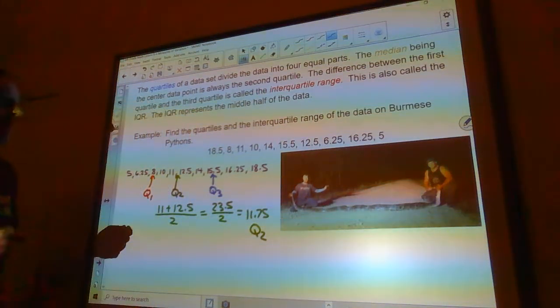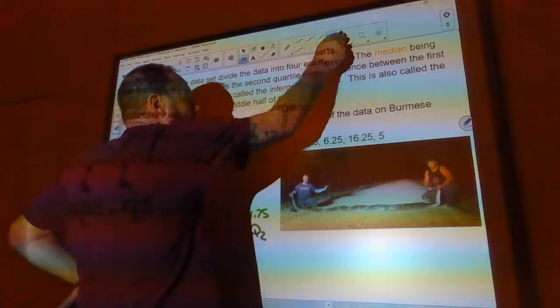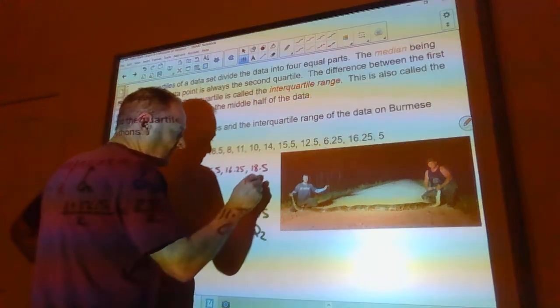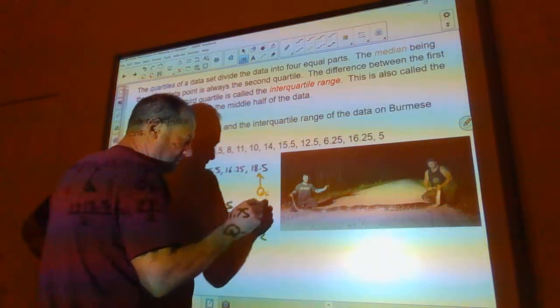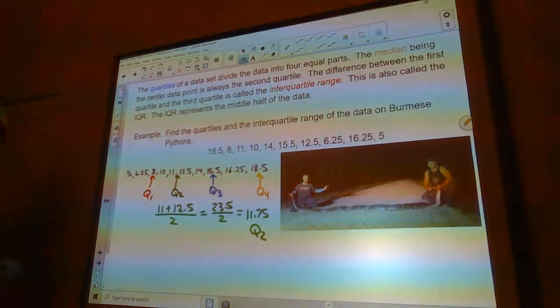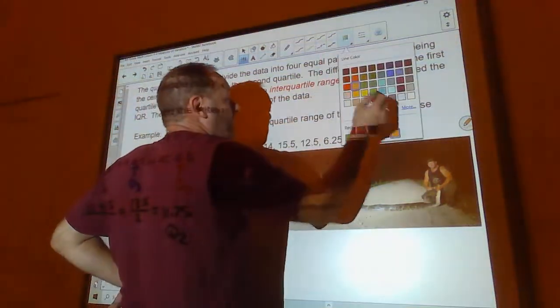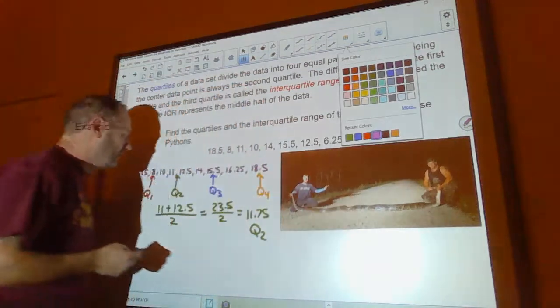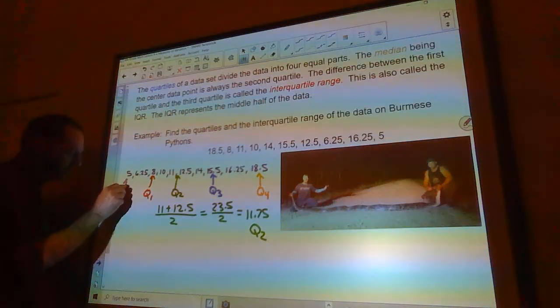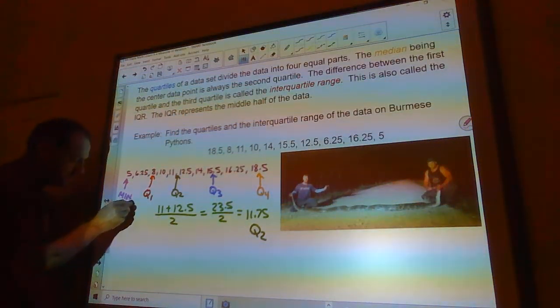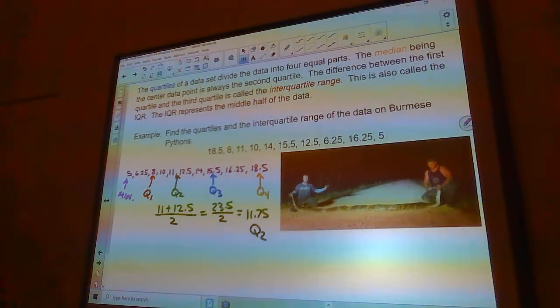Now there is a Q4, and Q4 is always the biggest one. The bottom one is not a Q, but it does have a name, and it's called the minimum. Okay, so there are my quartiles.